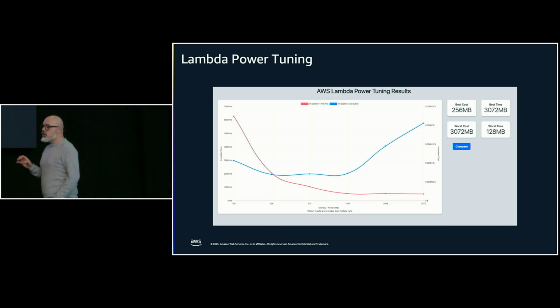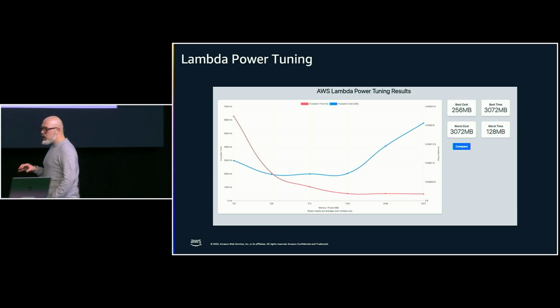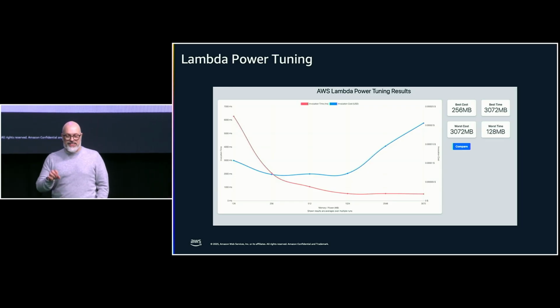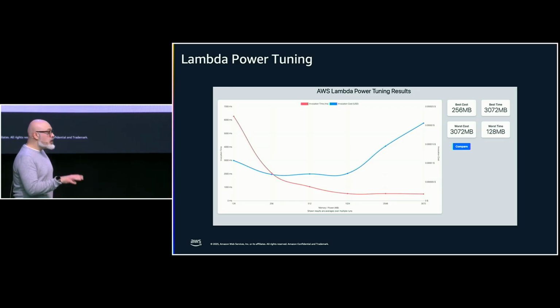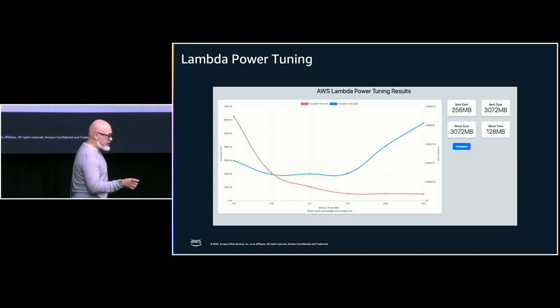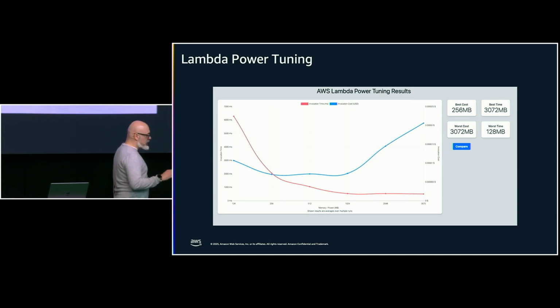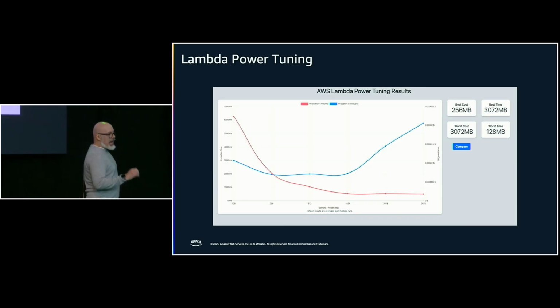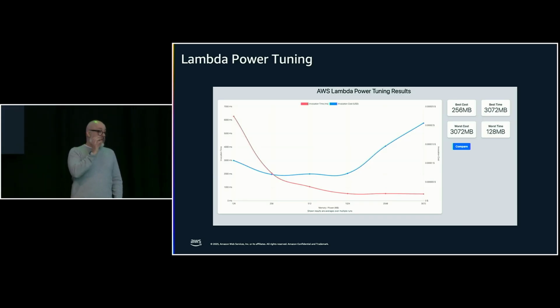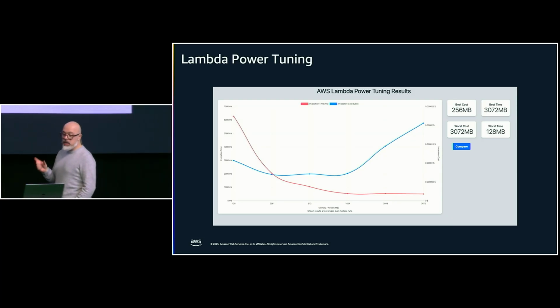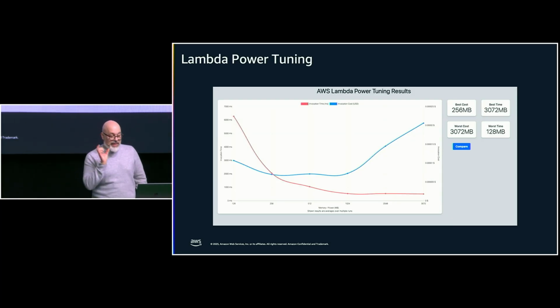You can deploy it in your AWS account, and what it deploys is a step function that enables you to test your code, exactly your code, with different memory sizes. The output is this diagram that enables you to understand how much your Lambda function will potentially cost and how fast it will execute in a specific setting.